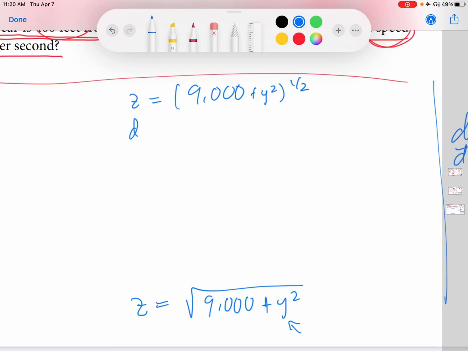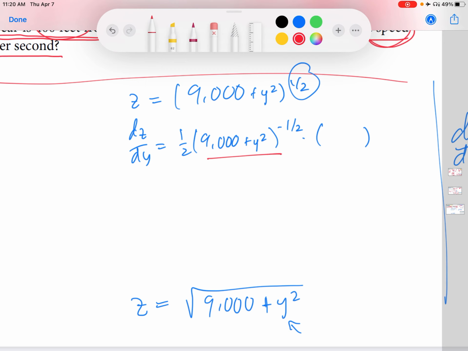So the derivative of z with respect to y, dz dy, we would bring down this 1/2, subtract 1, giving us negative 1/2, evaluate it at the inside, and then multiply by the derivative of the inside with respect to y. Derivative of 9,000 is 0, derivative of y squared, power rule, so 2y. So that's dz dy.